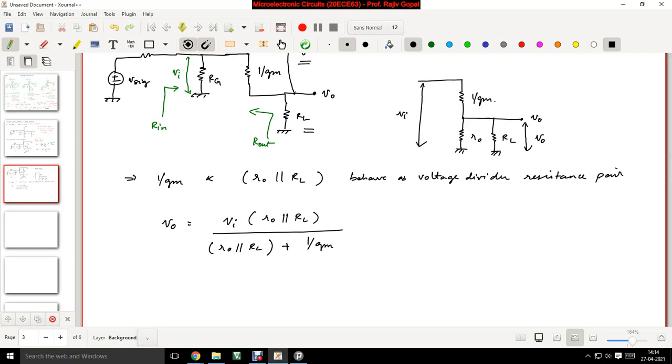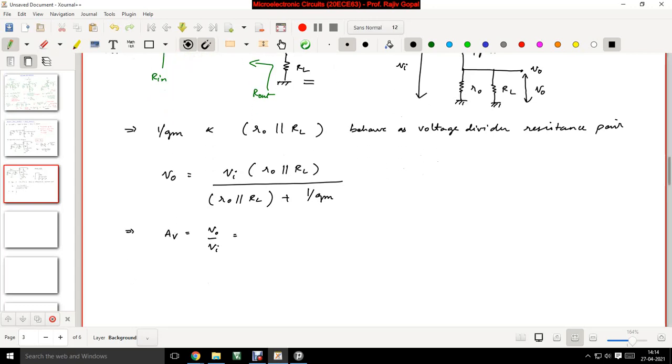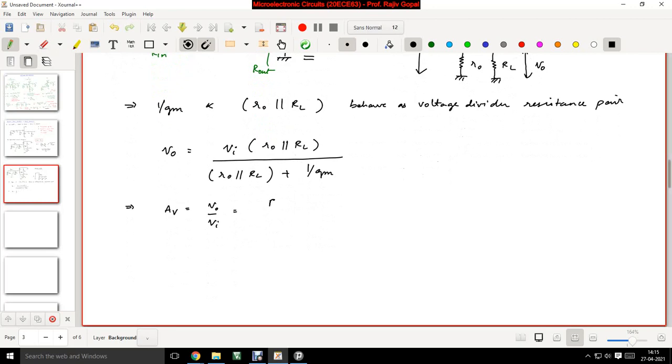Voltage divider rule, right? So from this I can straight away write Av as V naught by Vi equals R naught parallel RL divided by R naught parallel RL plus 1 by gm. This I will put in a box.